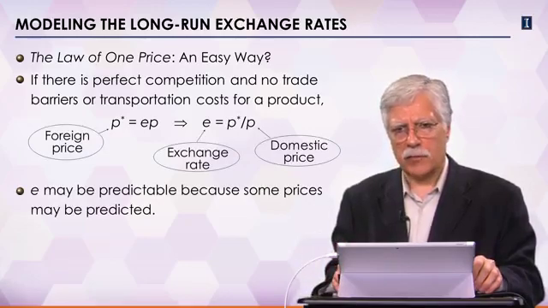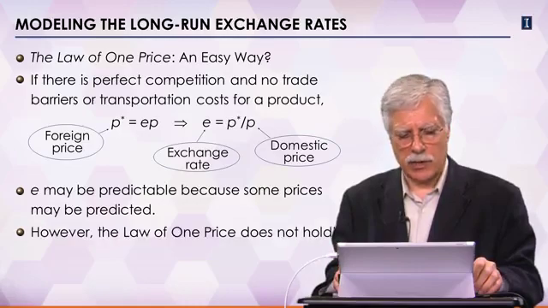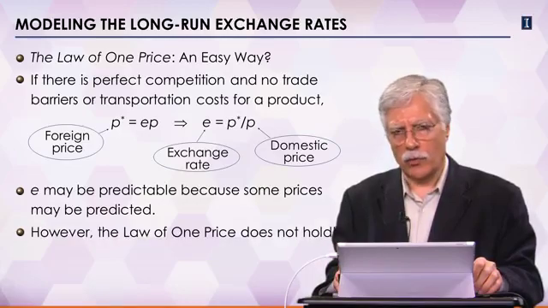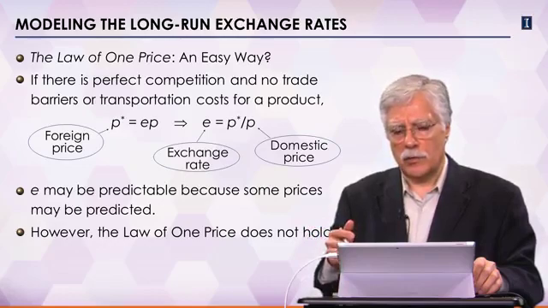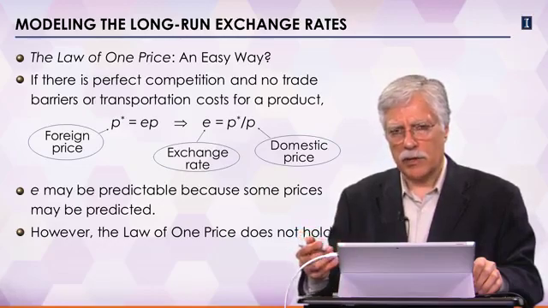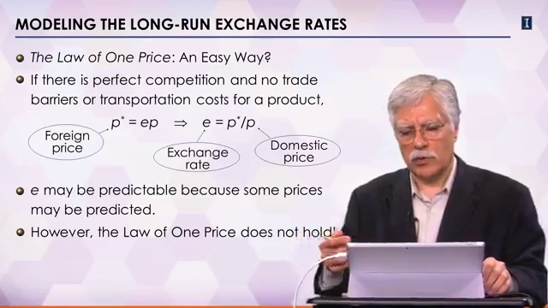But the question is whether this is really a practical solution to predicting the exchange rate. And the answer is no. The law of one price, every product having the same price in two countries, and also having predictable prices, do not jointly hold.